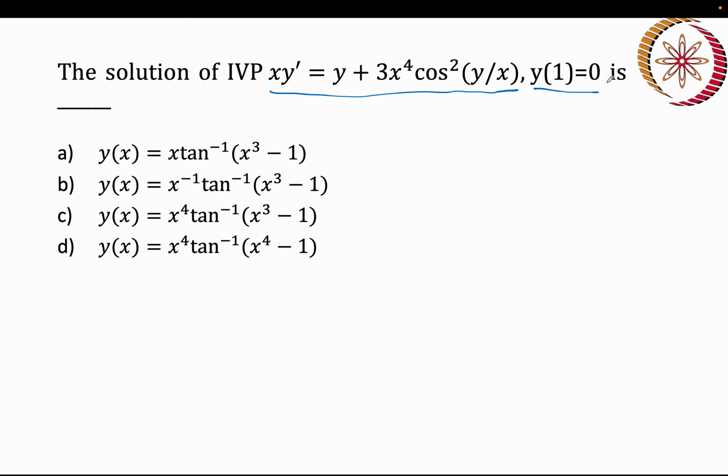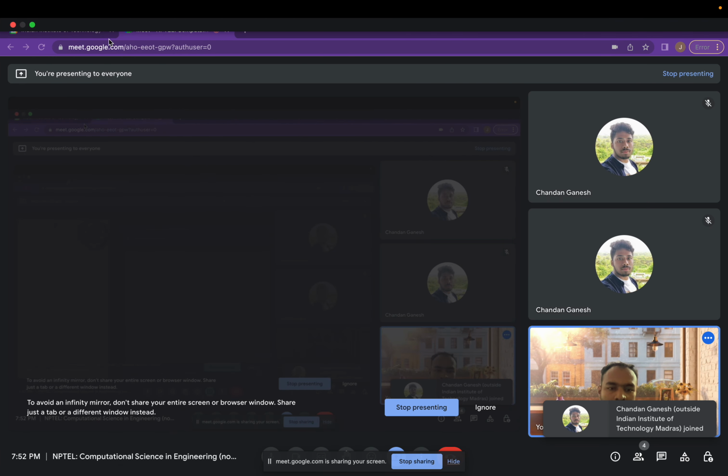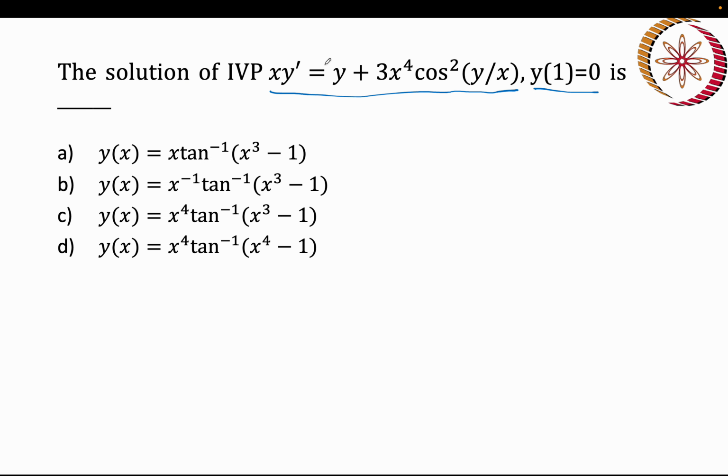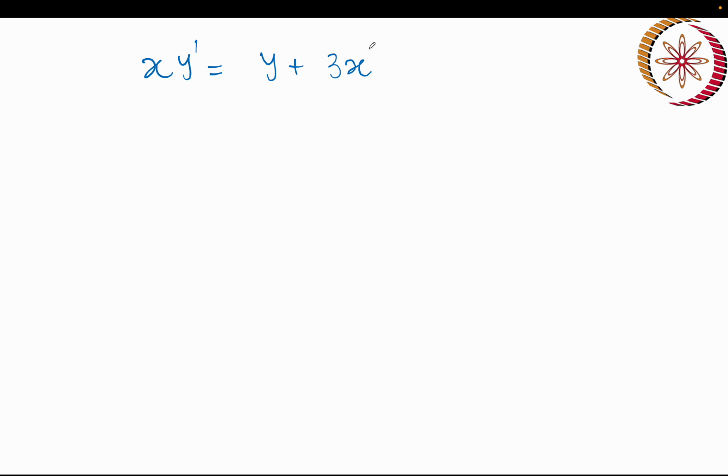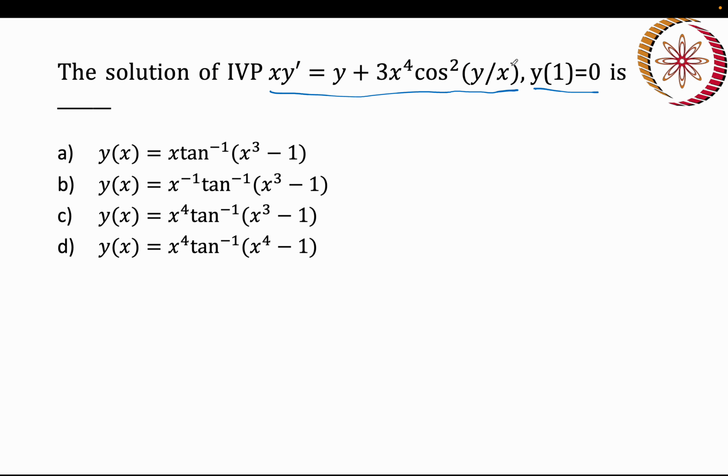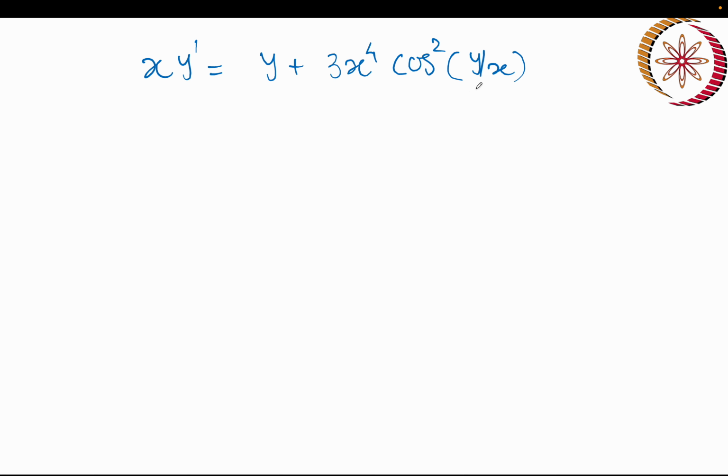First of all, we'll write x y prime is equal to y plus 3x raised to 4 cos square y by x. We'll deal with the initial value at the end.